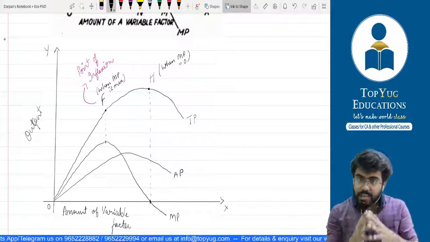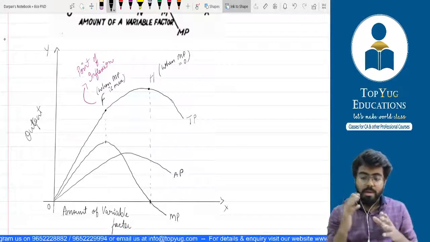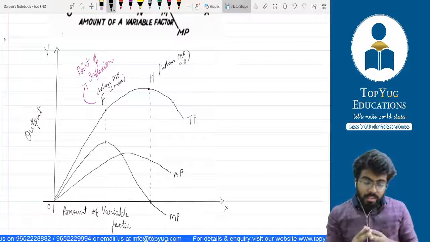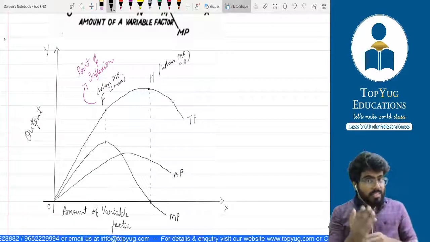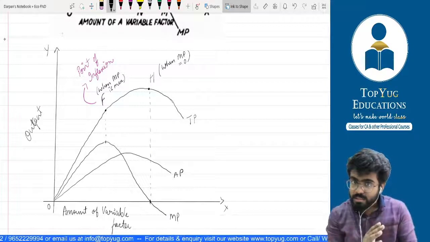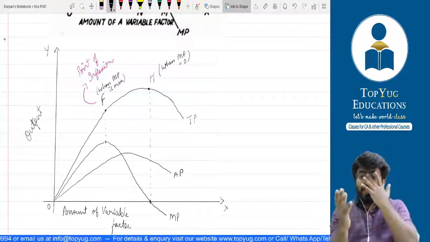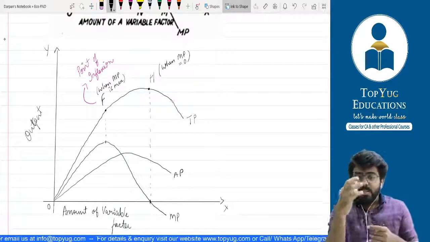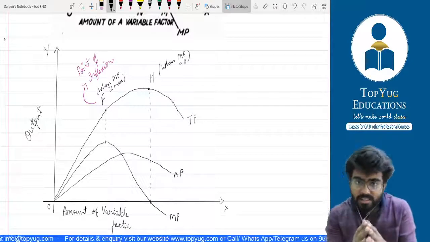When MP is increasing, that is from 0 to point F, MP is increasing. Till this point, what is happening? Till this point, TP is increasing at an increasing rate. Okay? Why? Because MP is increasing. Then MP started to decrease after F. If MP is decreasing, TP will increase at a decreasing rate.